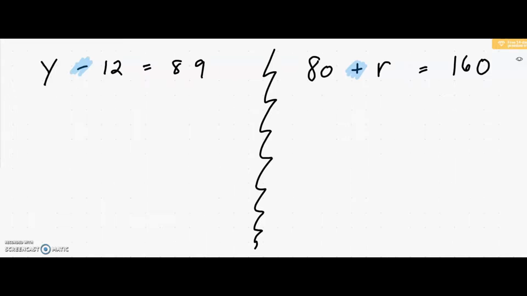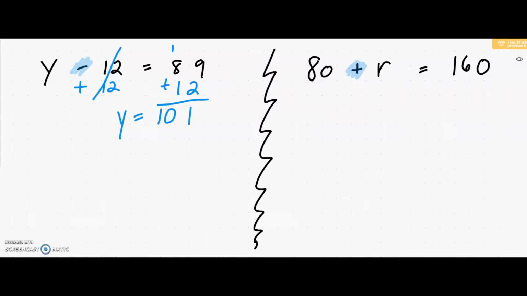The opposite of subtract is add. So it's like I would be adding 12 on this side, which I don't want you to have to do, but that cancels out. More importantly, 89 plus 12 is going to give you, let's see, 11 carry the 1, 101. So I'm telling you that y equals 101.